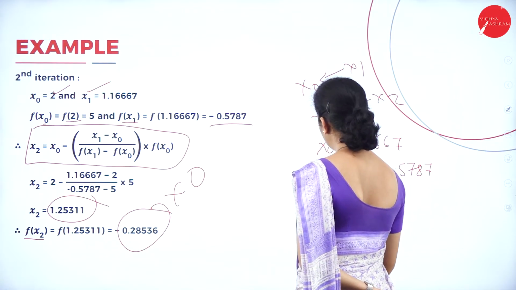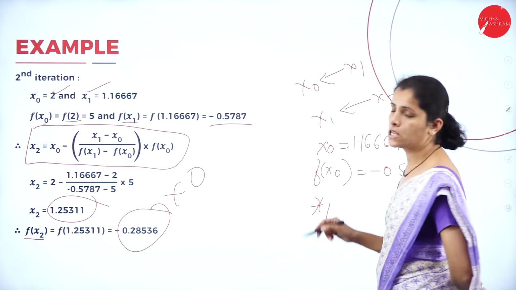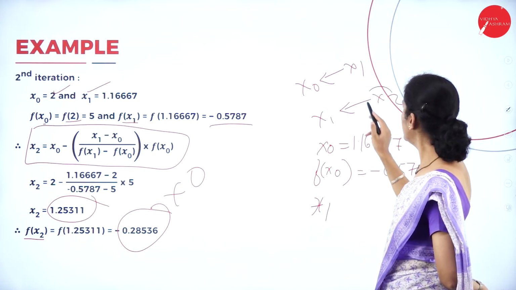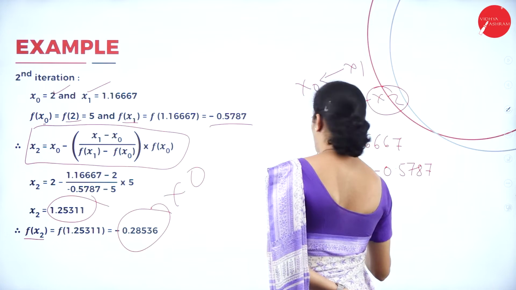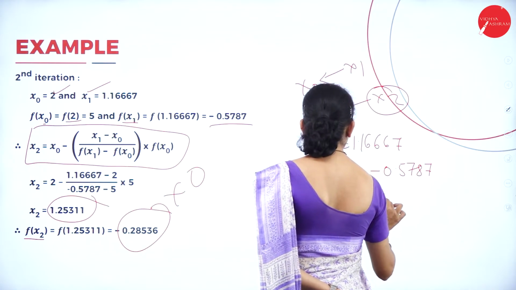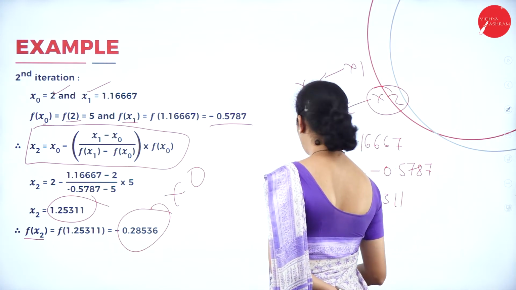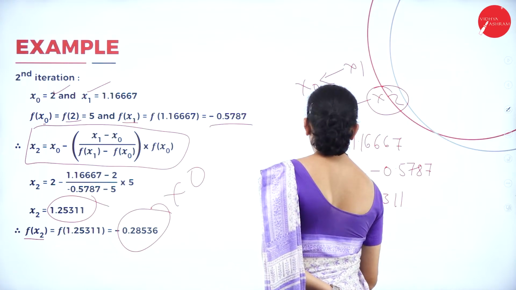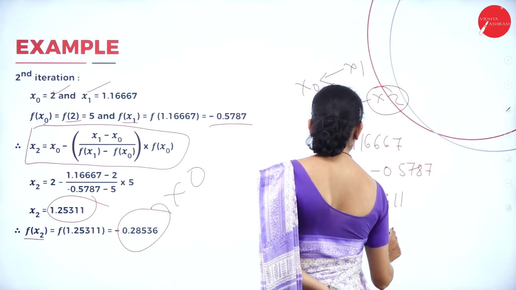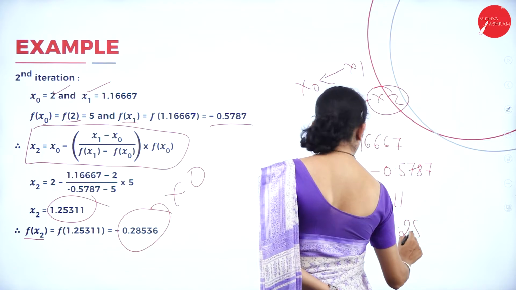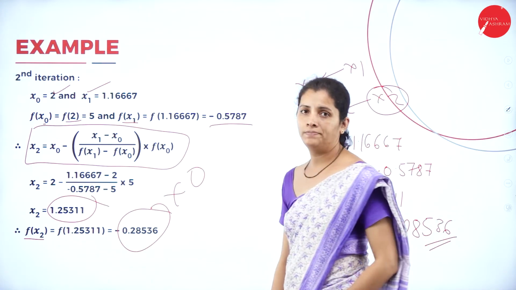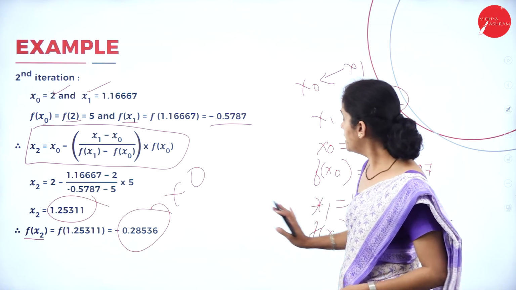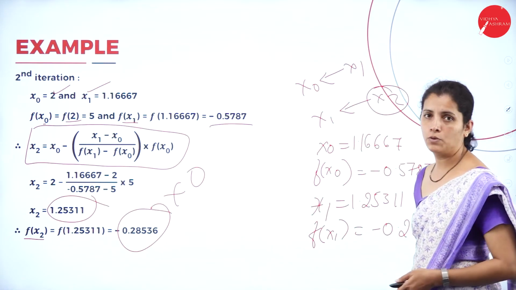Now x1 is free. So what x1 holds? That is nothing but the x2 value. So what is x2? 1.25311. And what is f of x1? That is nothing but minus 0.28536. Over. So this is the way I'm just swapping the value.